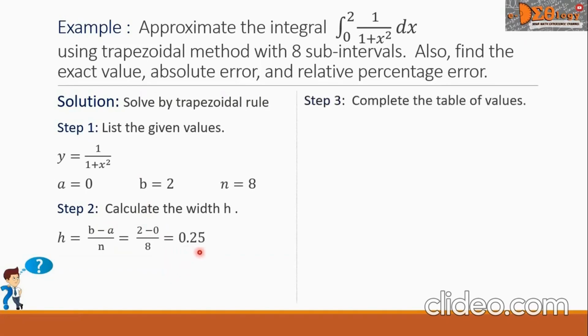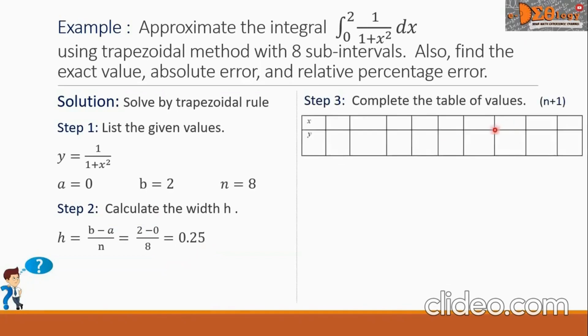Now step 3. We're going to complete the table of values. We have here a table with 2 rows. First row for x values, second row for y values. For the columns here, we're going to write n plus 1 number of columns.